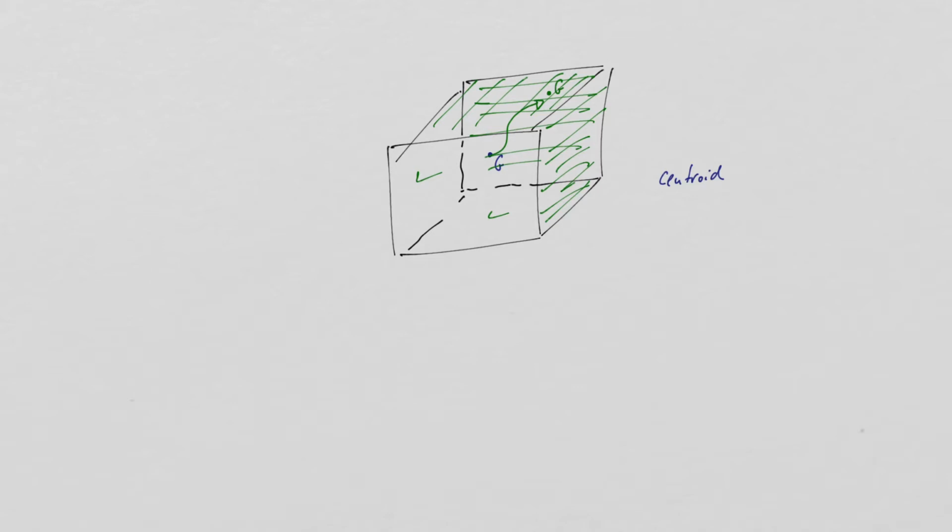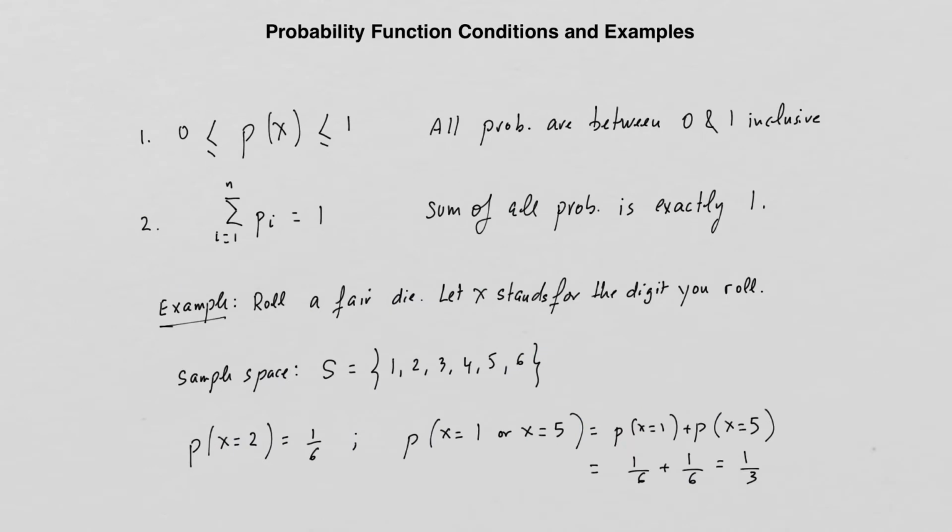The back, the bottom, and the front, and this side. That's why we use the word fair or unloaded. And we're always going to make that assumption. So let's go back here.